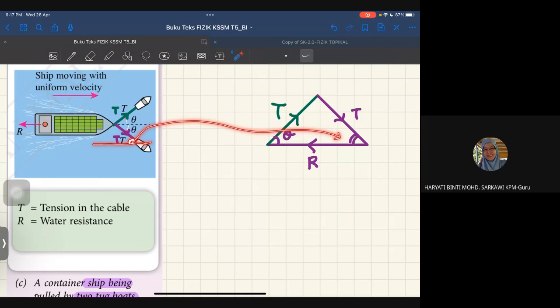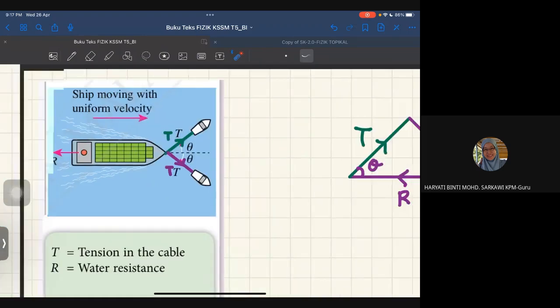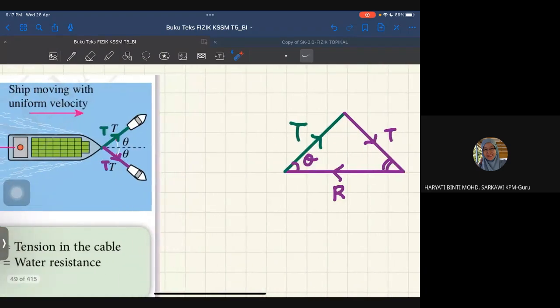What is the angle? Is it theta also? Theta, right? From your mathematics, let's say these are two parallel lines. So if this is theta, then here also theta, so this angle is also theta.